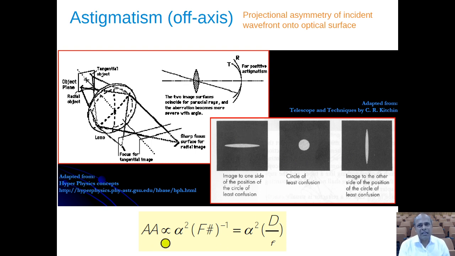So this astigmatism is proportional to alpha square. I mean it's much steeper with reference to alpha than coma, which goes only with the angle alpha.